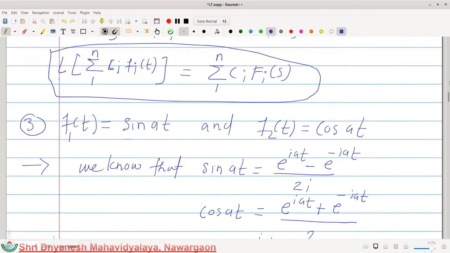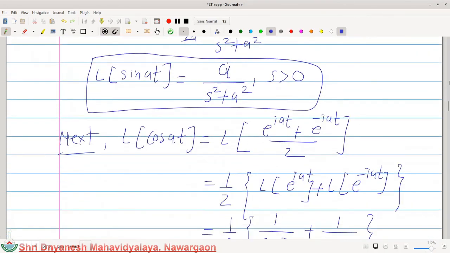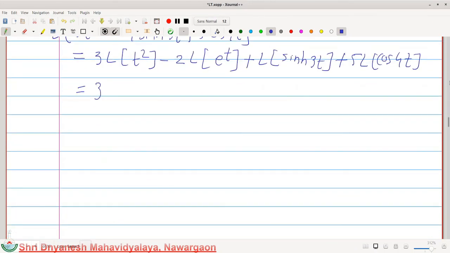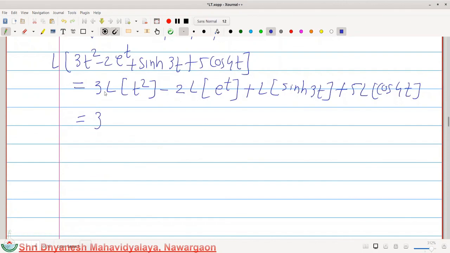So whatever transformations we have obtained till now, all we are going to use here in this example.